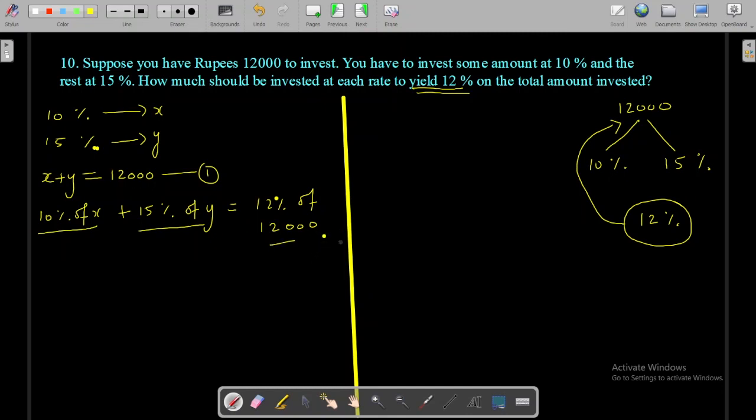Okay, so what I have to do, simply I have to convert this, I have to remove this percent.